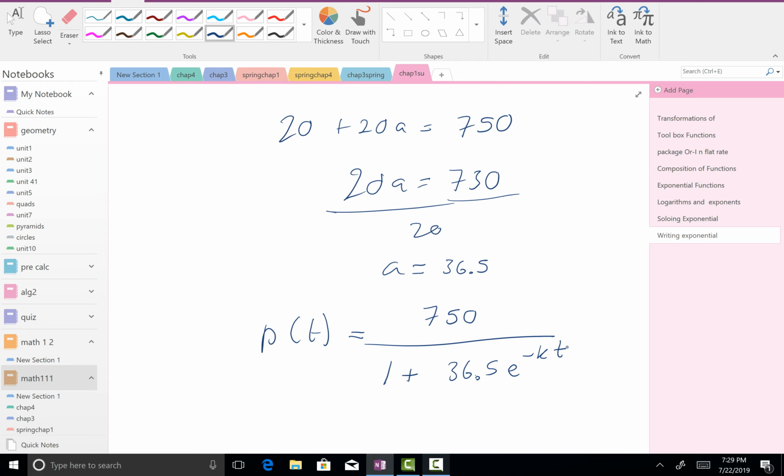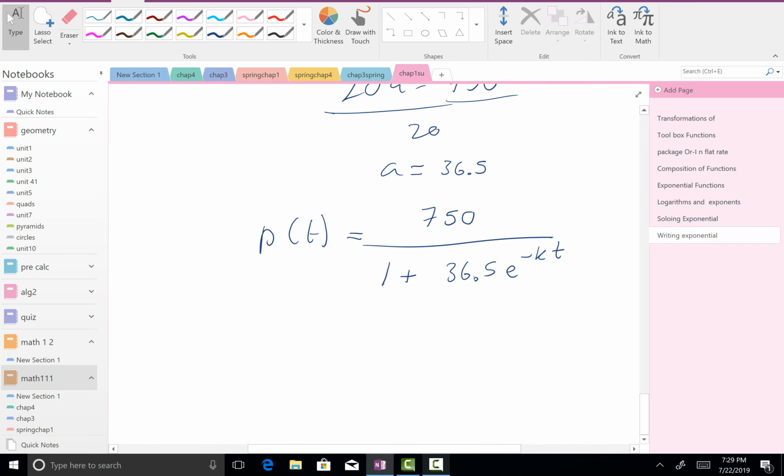Last time I used 12, so I'm going to use 12 again. So 24.6 is going to go here, equals 750 over 1 plus 36.5 times e to the negative K, and t is 12.